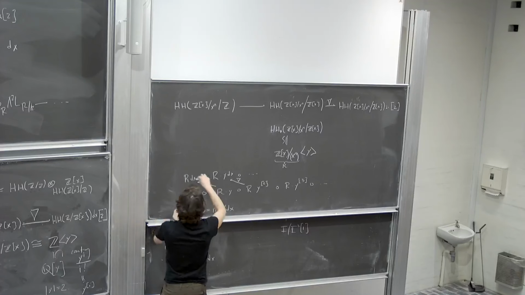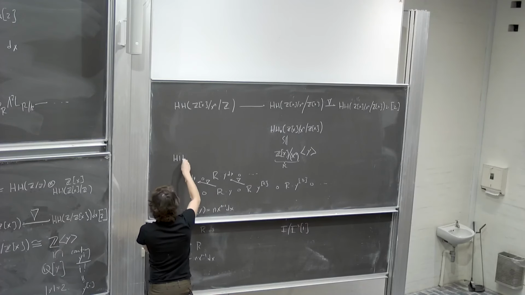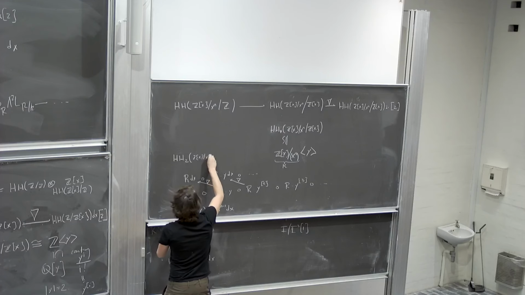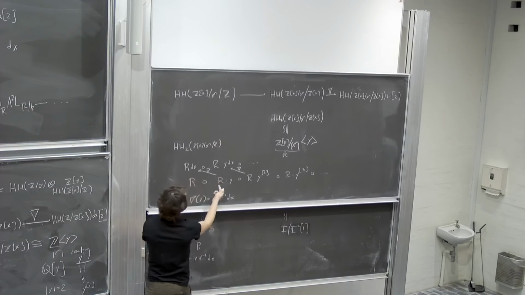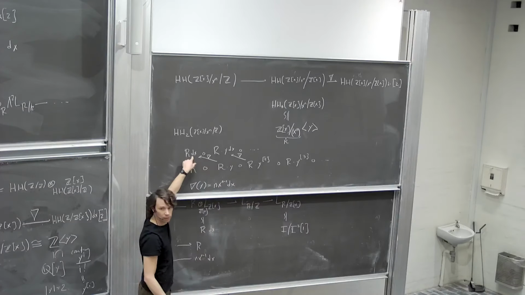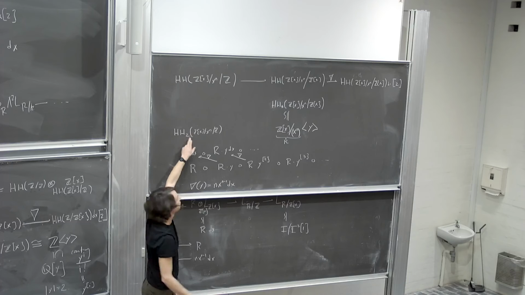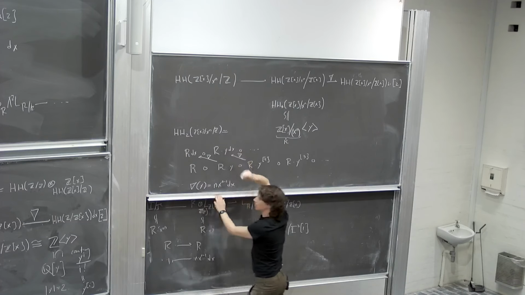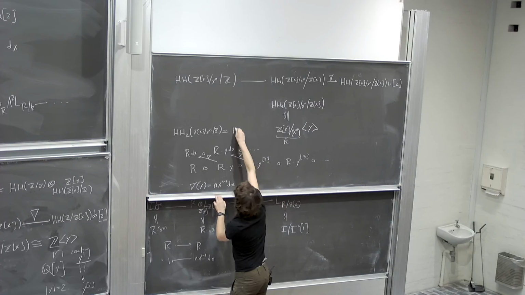So this is going to be a contribution to HH2 of Z[x]/(x to the n) over Z. That's what the cokernel of this map is going to be. But this is also going to be isomorphic to H.